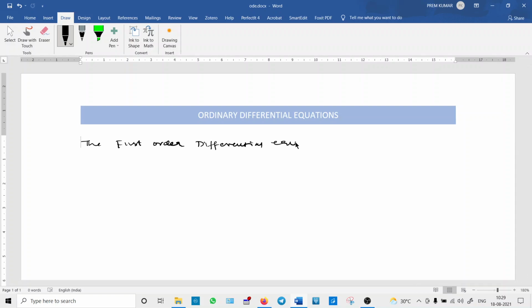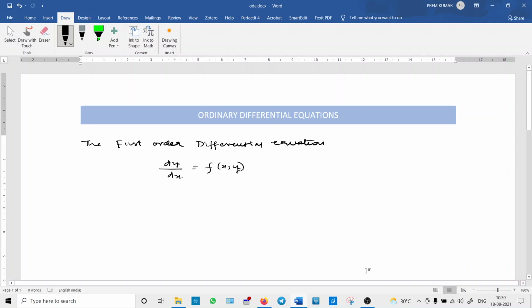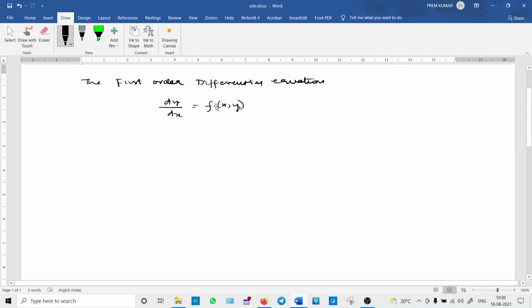Suppose dy by dx equals f of x and y. Some example we are taking. This is a first order differential equation where y is the dependent variable and x is the independent variable, and the right hand side is a function of x and y. This is a simple general form of a first order differential equation.